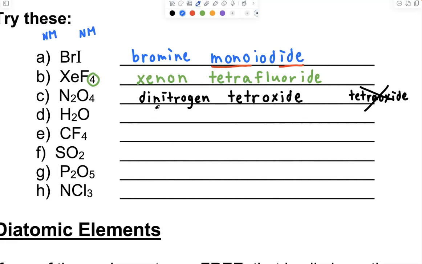Okay, if we look at H2O, well, just by knowing that, the common name is going to be water, but this can also be referred to as, since there's 2 of them, there's 2 hydrogen, so we call this dihydrogen. There's 1 oxygen, so we write this as monoxide.